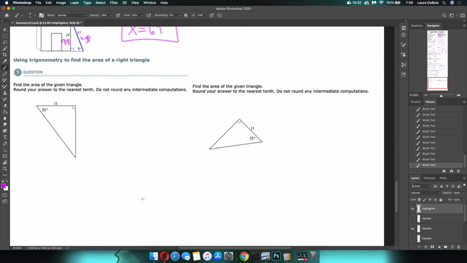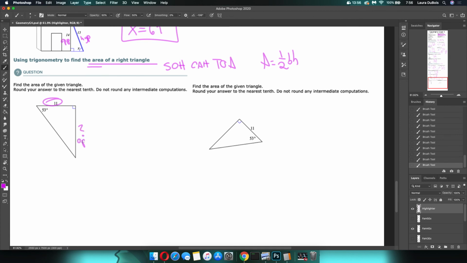And now using trig to find the area of a triangle. So now we're doing two things at once. We have all of our trig functions, but now they're looking for the area of the triangle. Area is 1/2 times the base times the height. There's our base. What's our height?